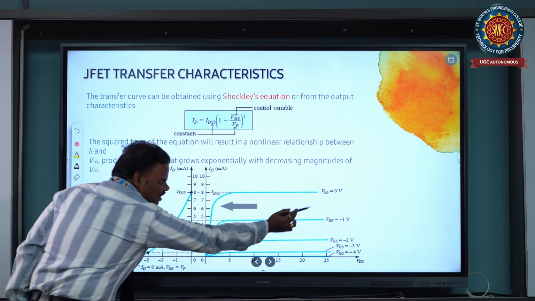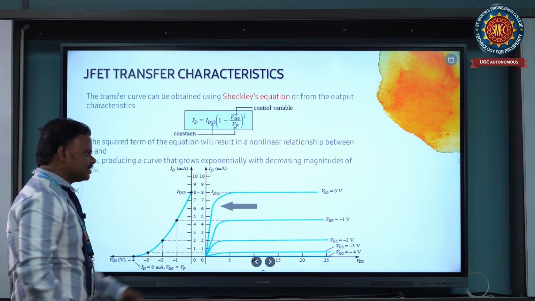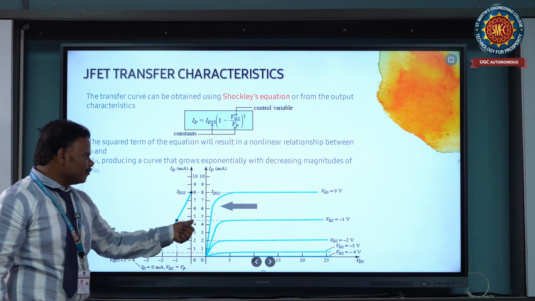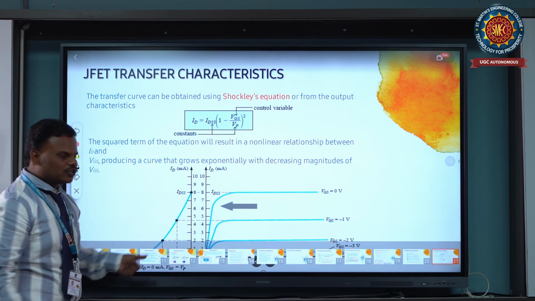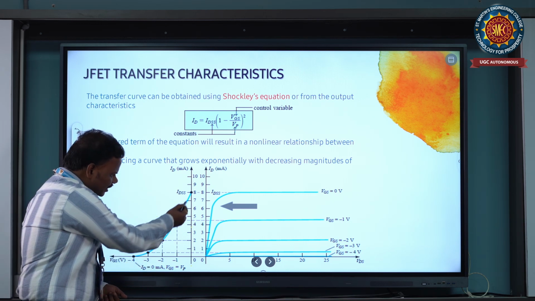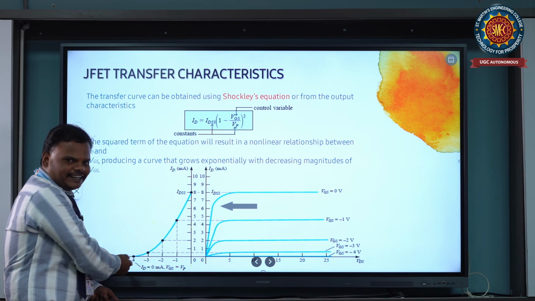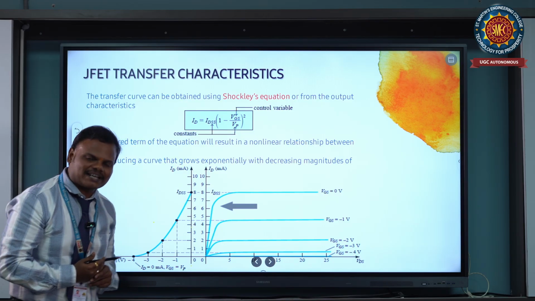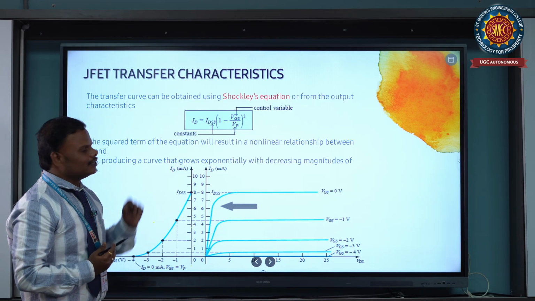When we apply minus 1 volt, it gives the current which is here. If you draw a graph between ID and VGS, it gives an exponentially decaying graph. This graph is nothing but the transfer characteristics of the JFET.